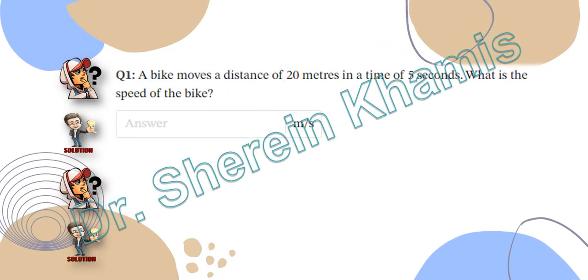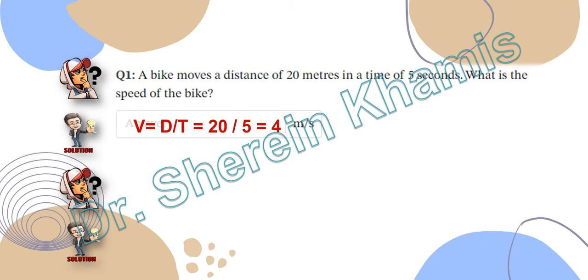Question number one says that a bike moves a distance of 20 meters in a time of 5 seconds. What is the speed of the bike? Okay, we have the distance and time. If we want to calculate the speed, we start by writing the given: the distance of 20 meters and the time of 5 seconds.